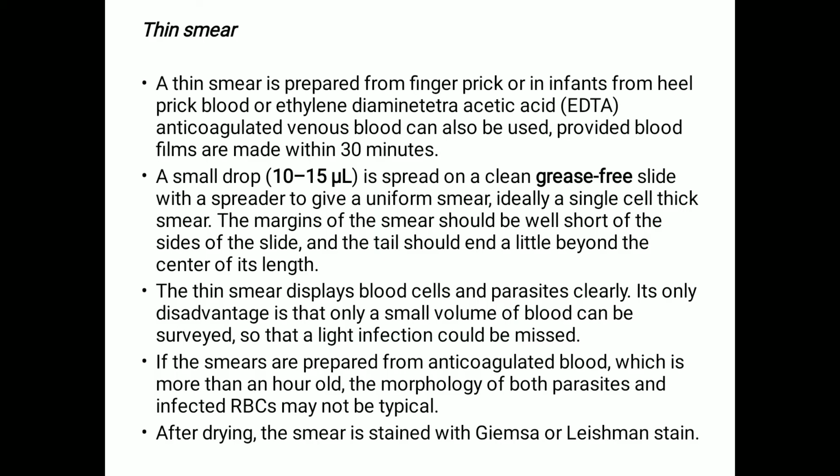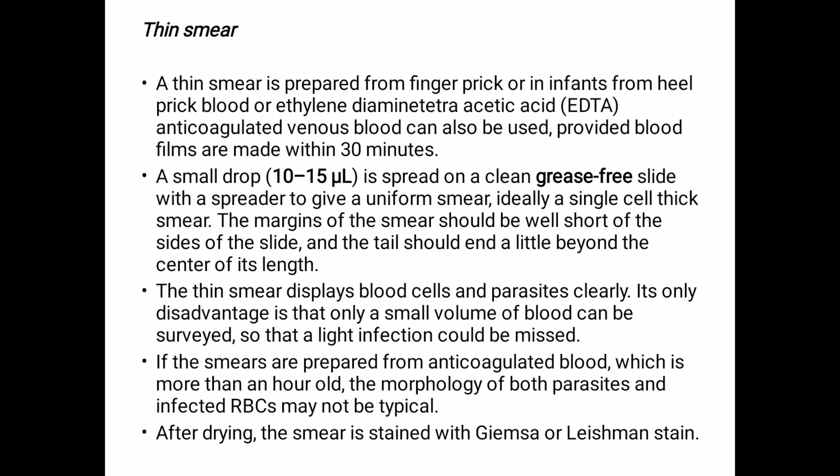How is a thin smear prepared? A smear is prepared from a finger prick, or in infants from a heel prick, or from ethylenediaminetetraacetic acid (EDTA) anticoagulated venous blood, provided blood films are made within 30 minutes.